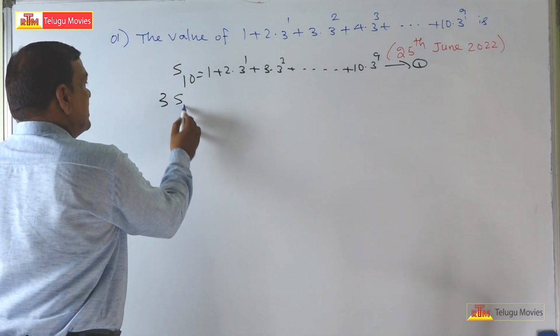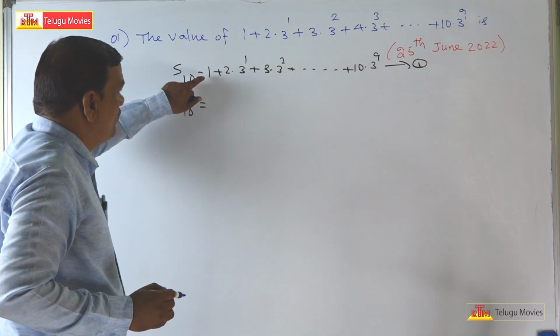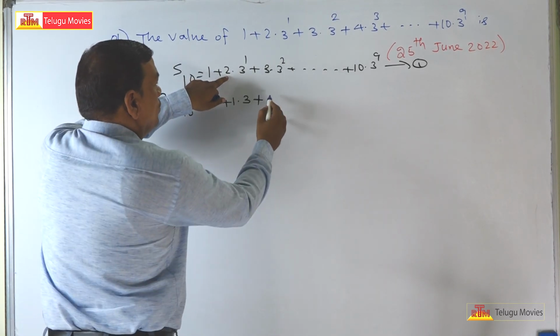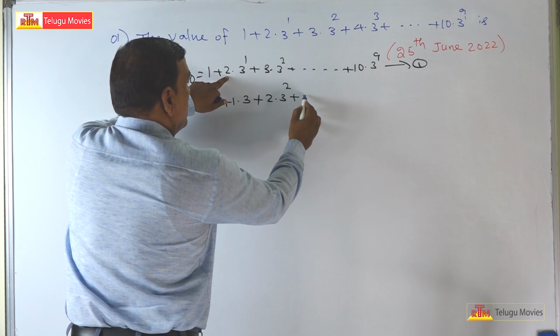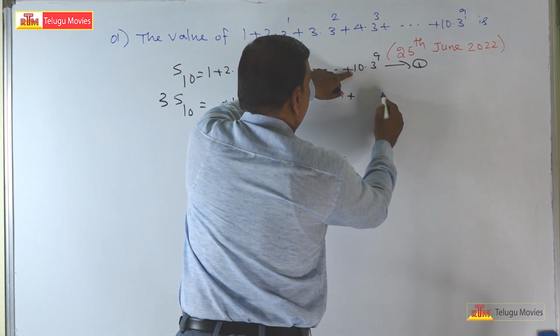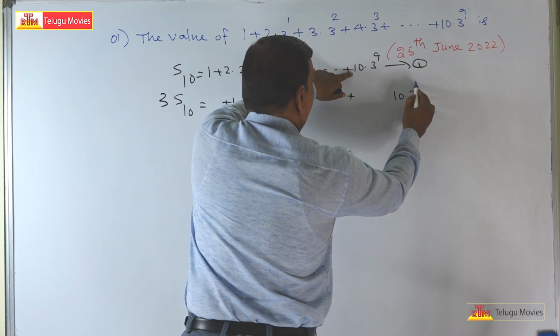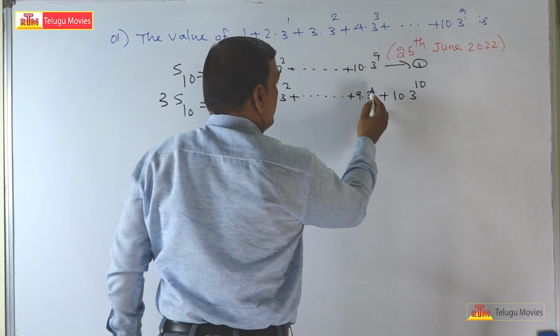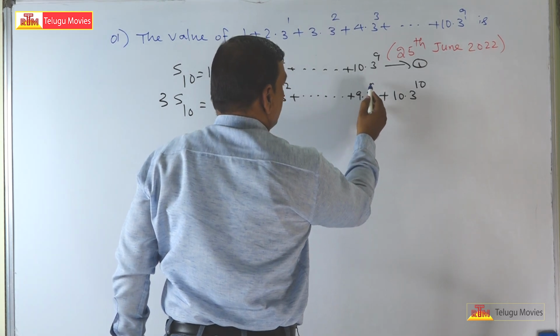So 3 times S10 is equal to 1 into 3, that is 1 into 3 power 1, plus 2 into 3 square, plus so on. The last term will be 10 into 3 power 10, and the previous term will be 9 into 3 power 9.